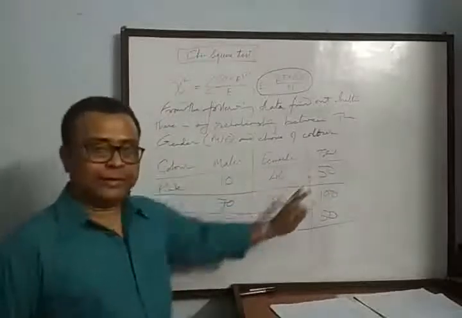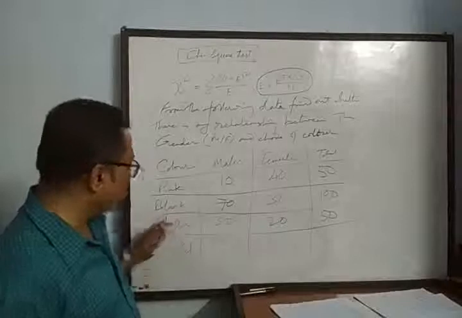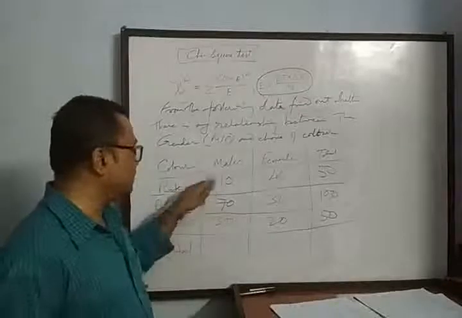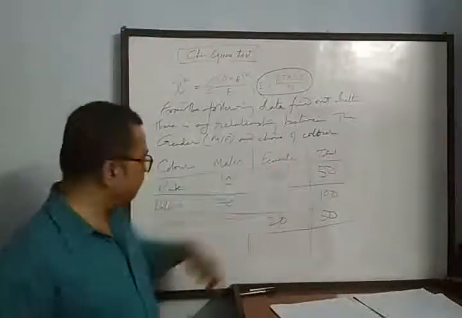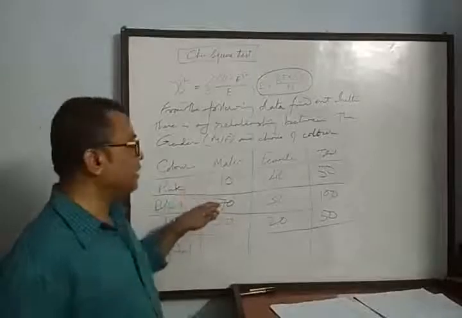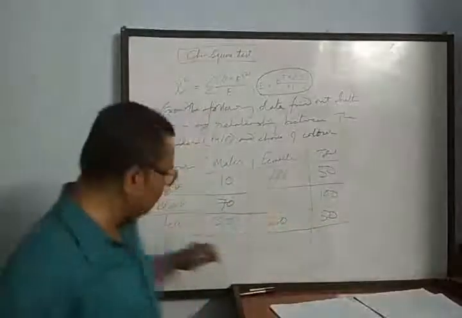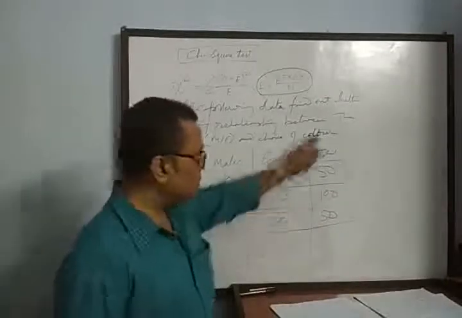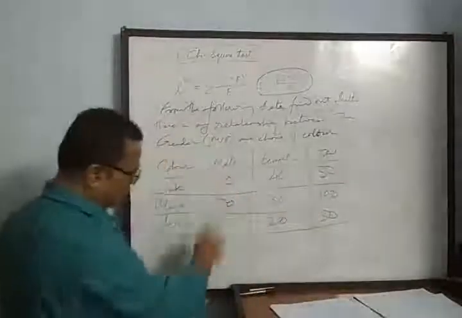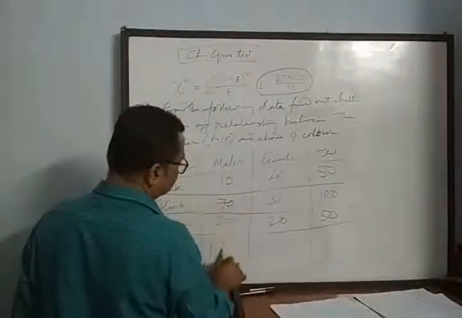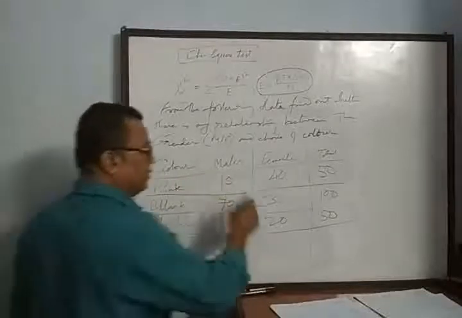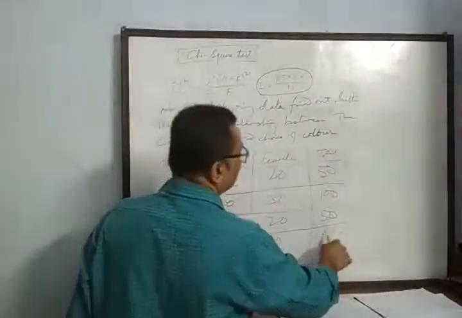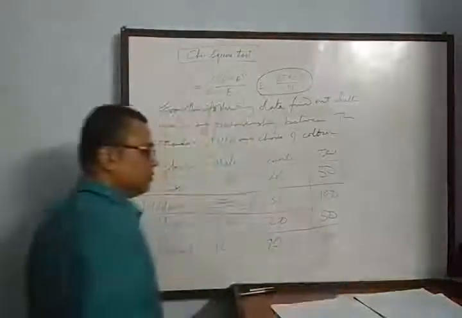So this is the data provided as males and females, and their preference of color. Pink: males 10, females 40 out of 50. Then black 70 males, 30 females out of total 100, and yellow 30 males and 20 females out of total 50. Now column wise we will make a total. It is 110, it is 90, and grand total will be 200.